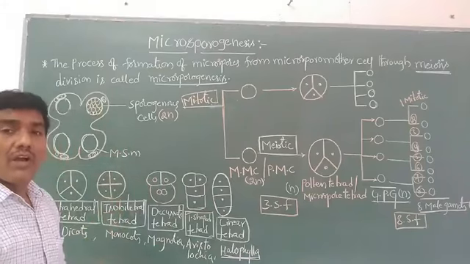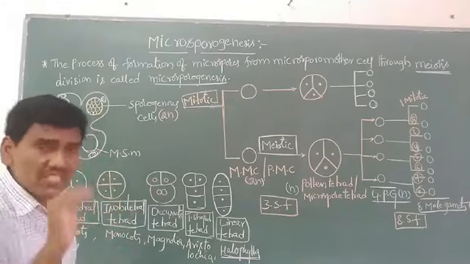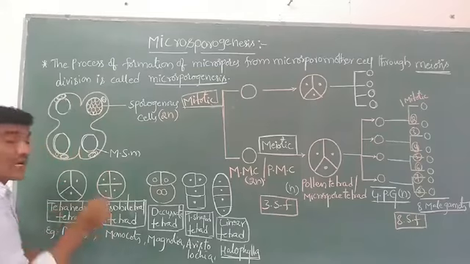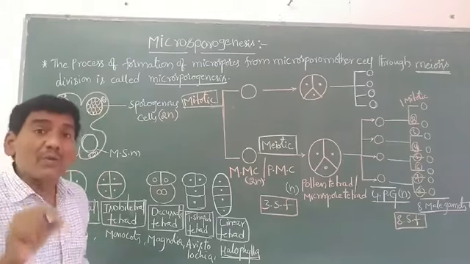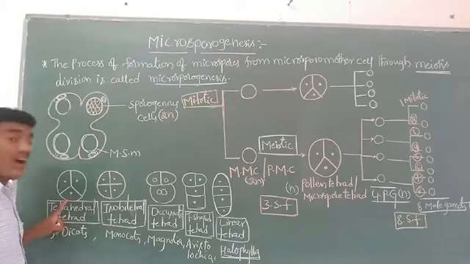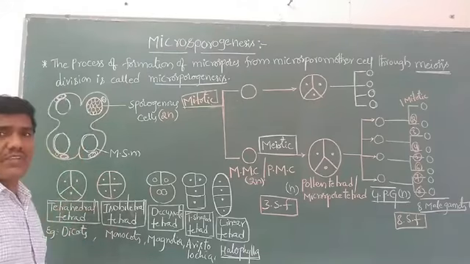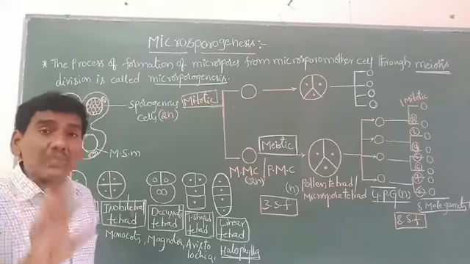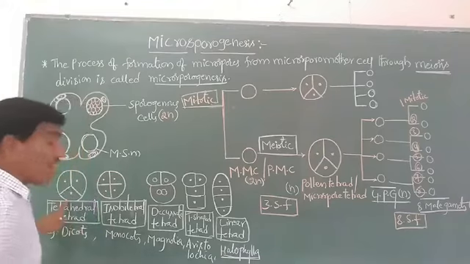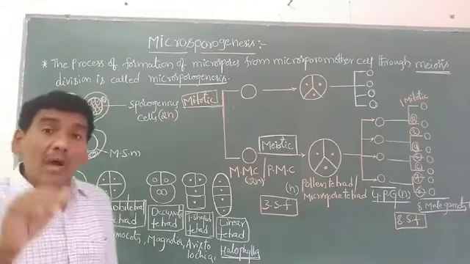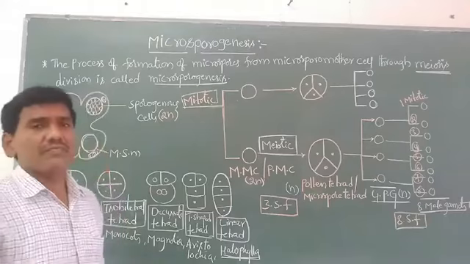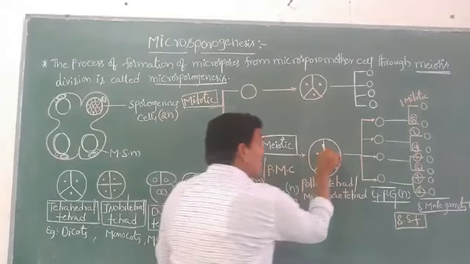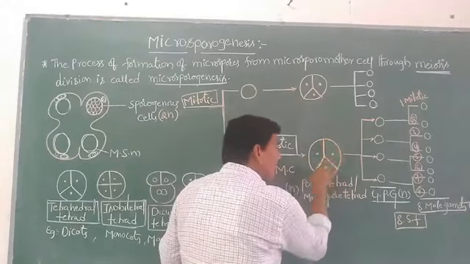Among these five types of tetrads, the most common type present in angiospermic plants is the tetrahedral tetrad. Here, this is one tetrahedral tetrad.